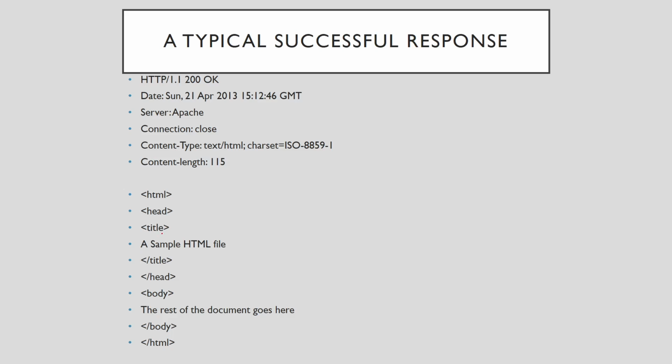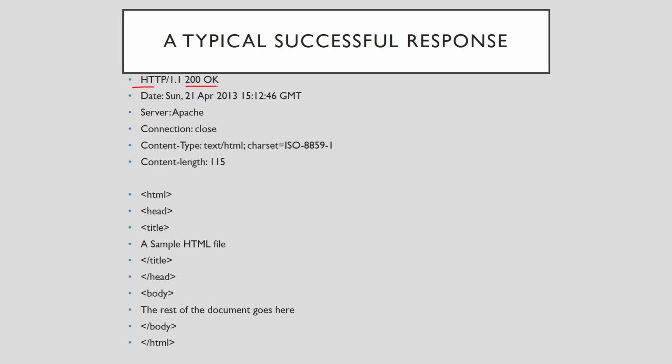And this shows the typical successful response. This first line here indicates the protocol the server is using, and that is HTTP 1.1, followed by a response code of 200 OK, which is the most common response code, indicating that the request was successful.